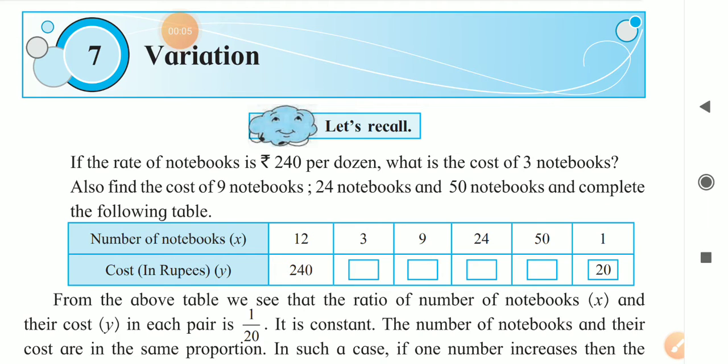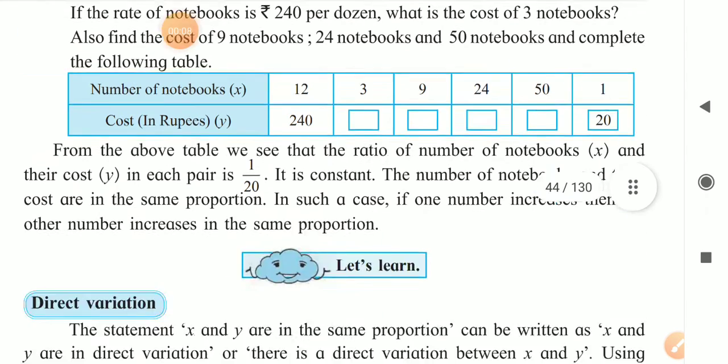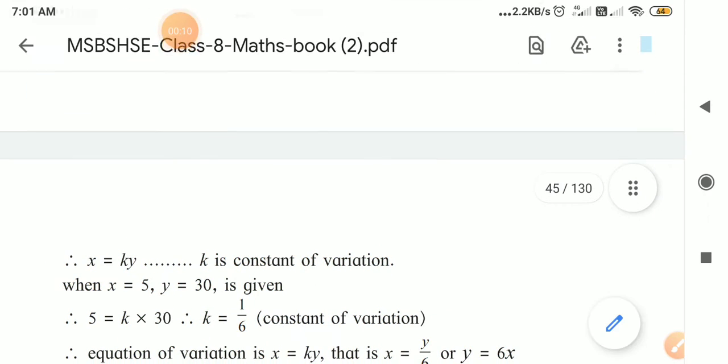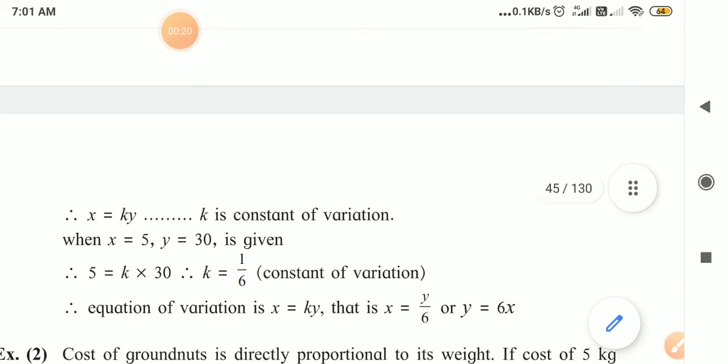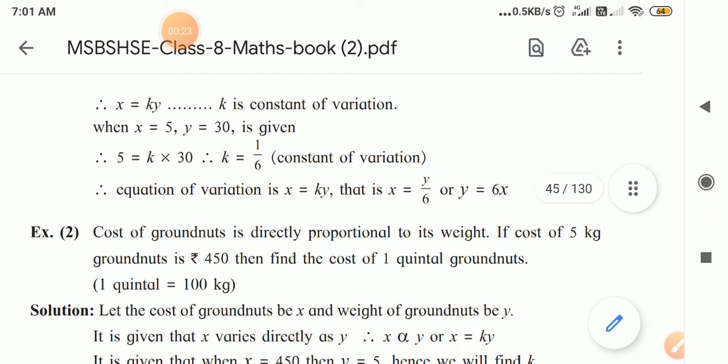Under this lesson we saw direct variation, that is, if one quantity increases then the other quantity also increases in proportion, and we also saw inverse variation, that is, if one quantity increases then the other quantity decreases.